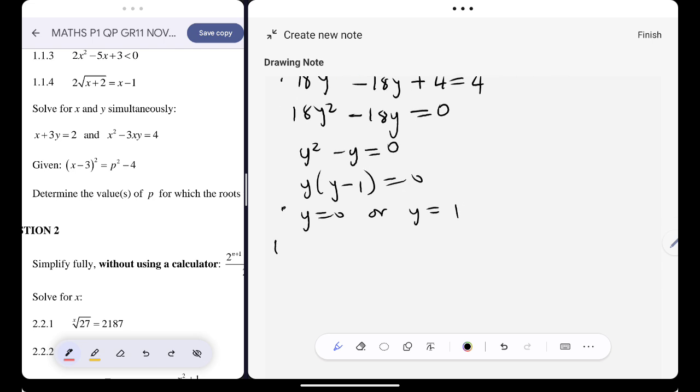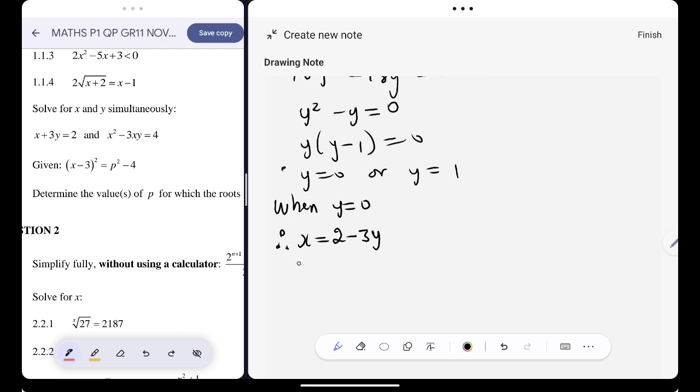So now I need to go back and solve for x. I'll just say when y is 0, therefore x, since I created equation 3 above, please remember that I said equation 3 is 2 minus 3y. So whenever I want x, I just need to substitute my y here.